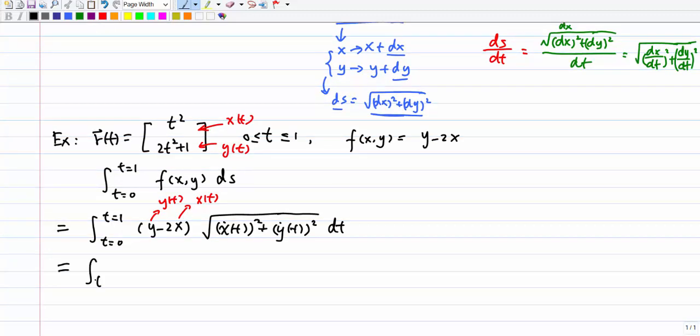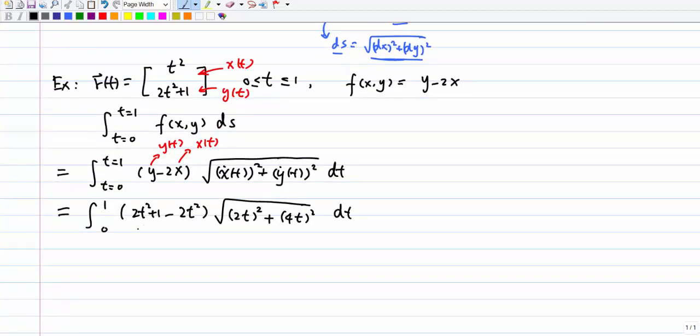Replace t from 0 to 1. And y(t) is replaced by 2t squared plus 1, minus 2x(t), and 2x(t) is 2t squared. This is the square root of x dot of t, where x is t squared, and the derivative of t squared is 2t, plus y dot, where y is 2t squared plus 1, so its derivative is 4t, times dt.